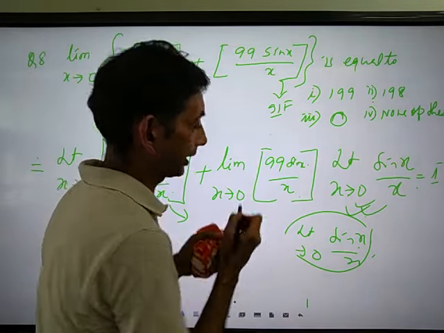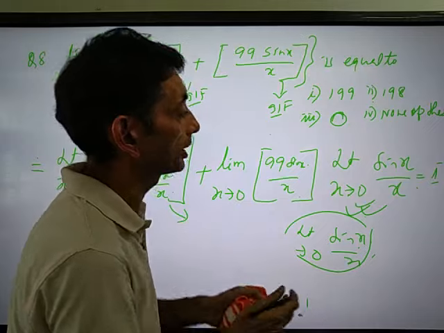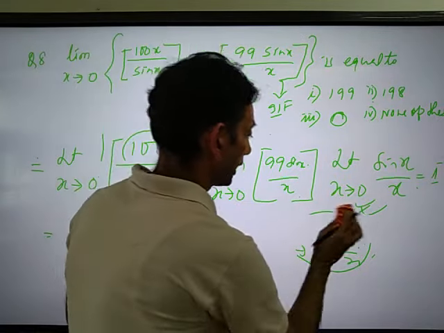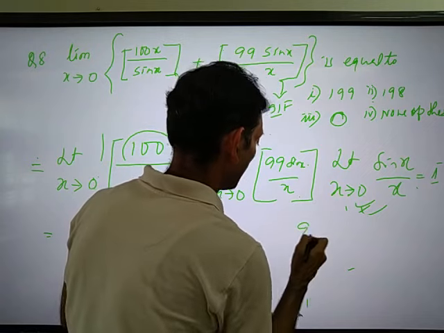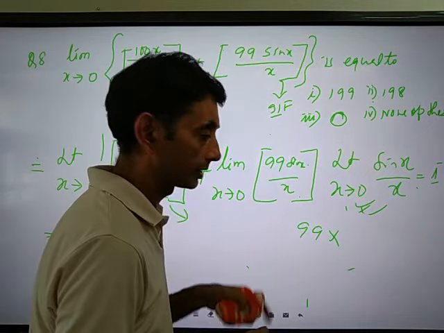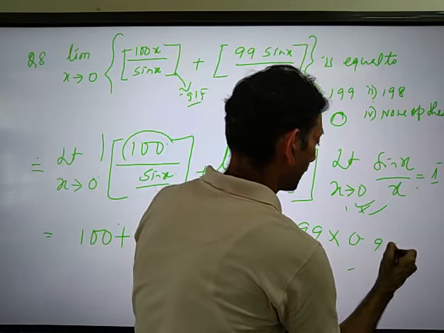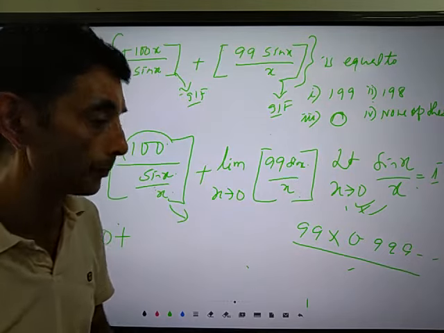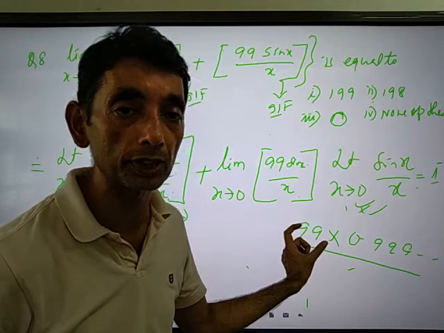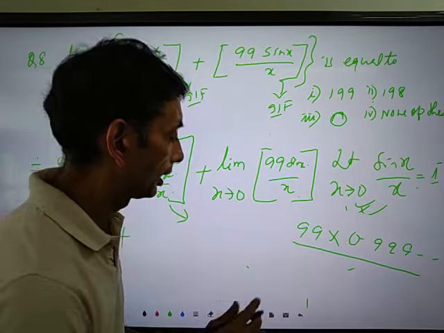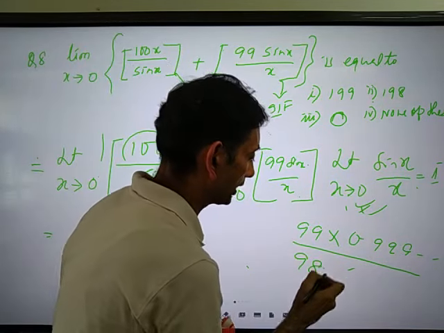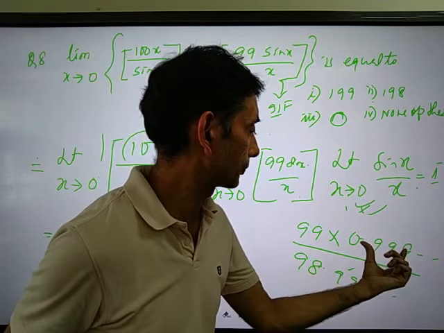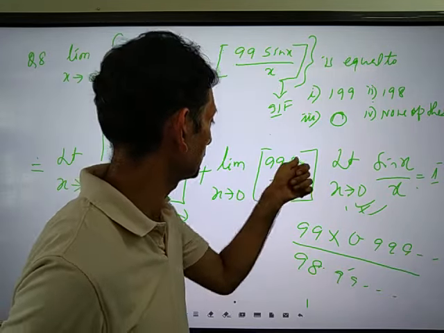Sin x by x will also be approaching 1, but slightly less than 1. So in place of it, if you take the value like 0.999 and multiply by 99, this value will lie between 98 and 99. In fact, it will be of the pattern 98.999, depending on the value you select for limit x tends to 0 of sin x by x.